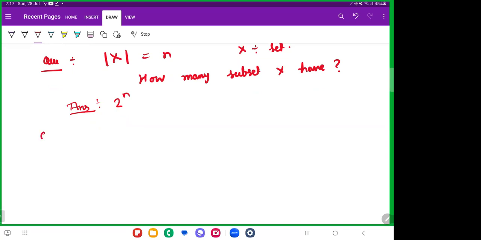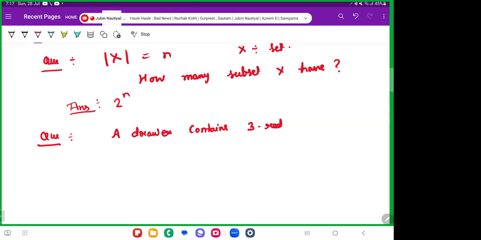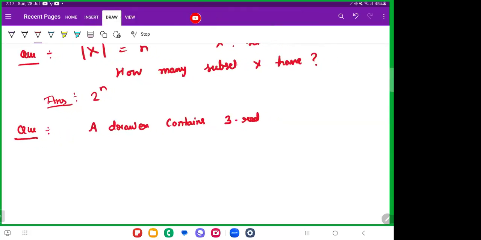So this is your assignment zero. A drawer contains three red, four blue, five green socks.